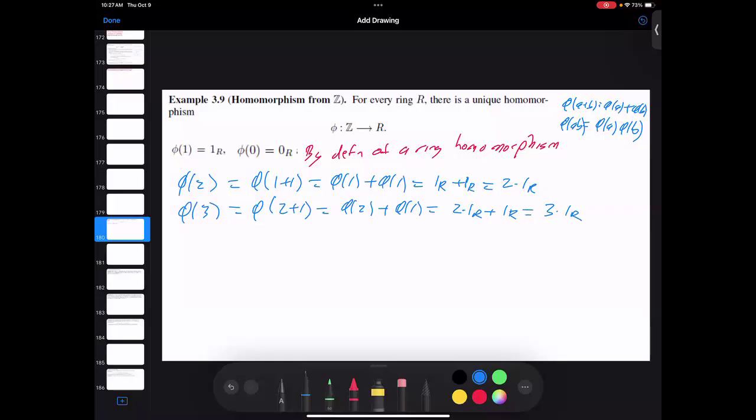Technically, what should I do from this point onward? Generalize. And what mathematical process do I use here? Induction. By induction, phi of n is going to be n times the identity. For which n have I shown this?